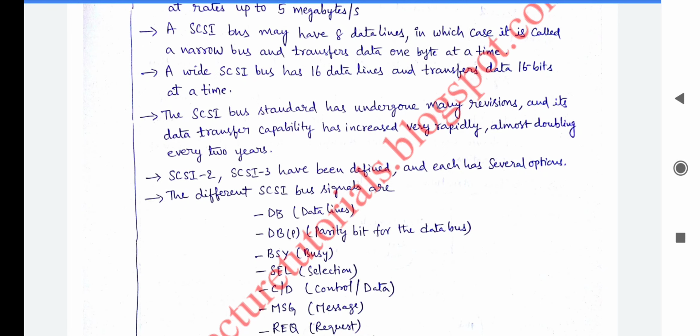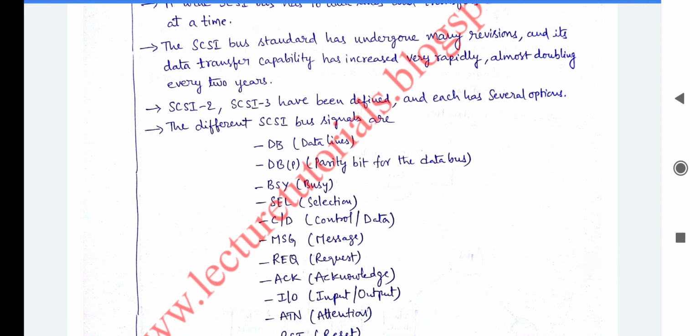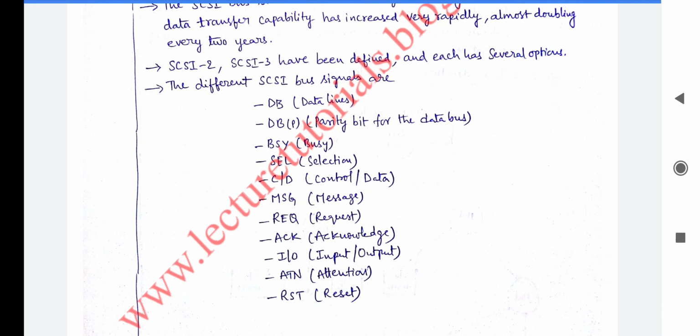The different SCSI bus signals are: DB, data lines; DB(P), parity bit for the data bus; BSY, busy; SEL, selection; C/D, control or data; MSG, message; REQ, request; ACK, acknowledgement; I/O, input or output; ATN, attention; RST, reset.